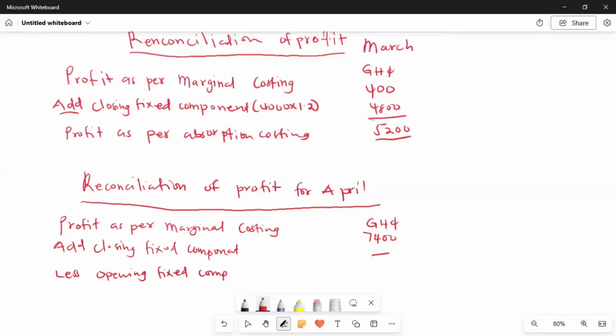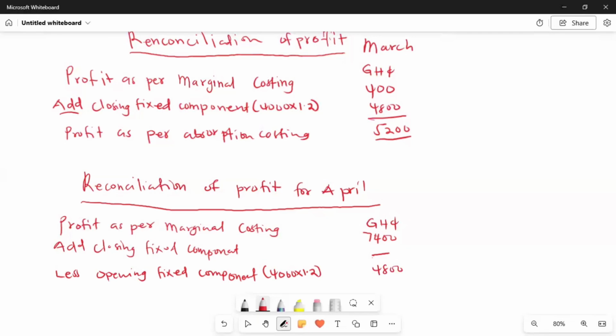So in the month of April, there were opening units of 4,000. So multiply this by the cost per unit. So 4,000 by 1.2 will give us 4,800.